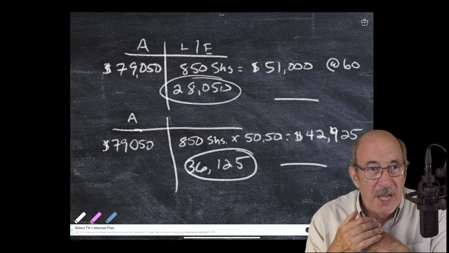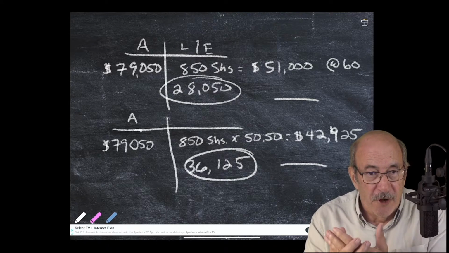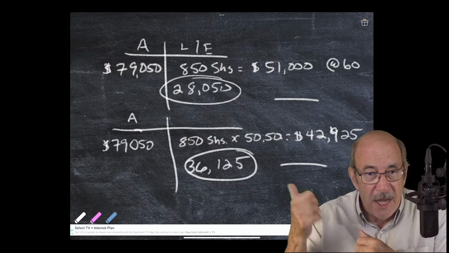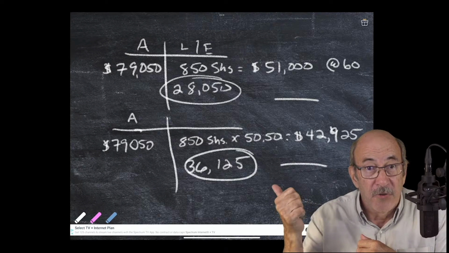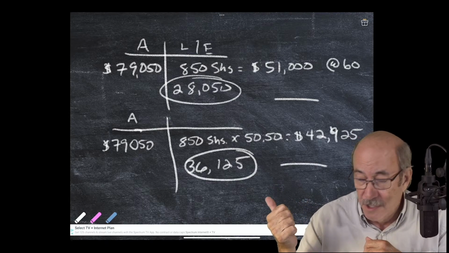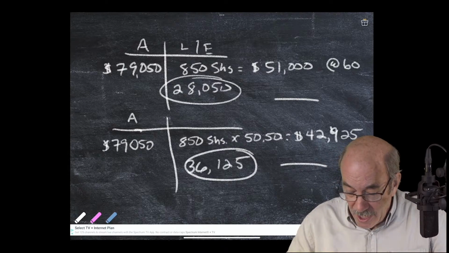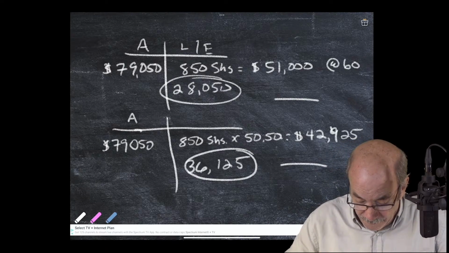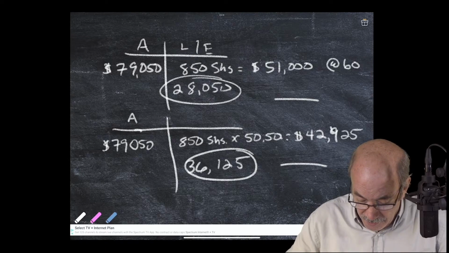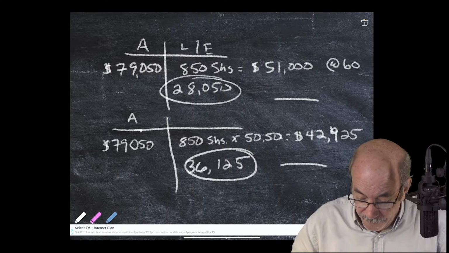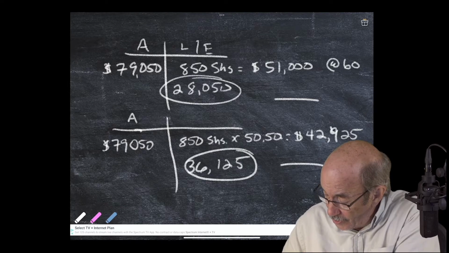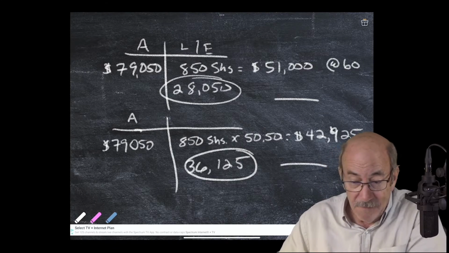So this would be a cash outflow from our account to pay that other party that we borrowed those shares from the dividend. So this would be 67 cents per share, 850 shares. So 850 times 0.67. We owe that other party $569.50.